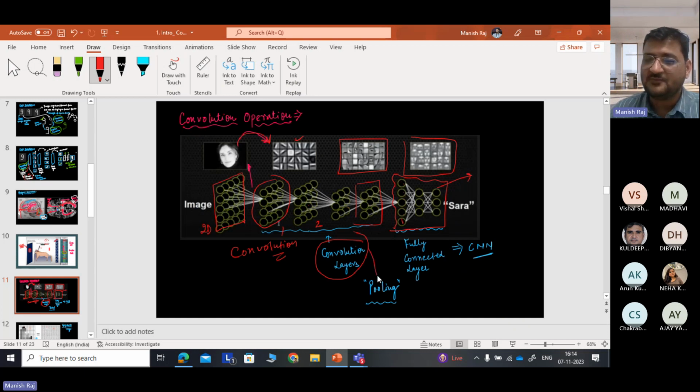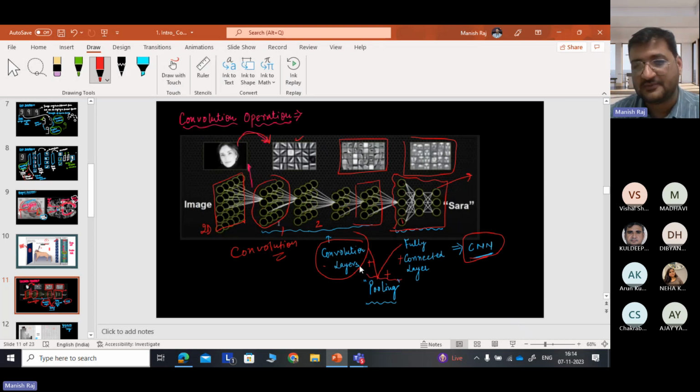In between, one pooling section is also there. So you can say convolution layer, pooling section, and the fully connected layers. These are the three things. After that, this is the algorithm of CNN. What are the convolution layers doing? They are creating complex structure with the help of primitive features. After that, we will pool this. What is the meaning of pooling?